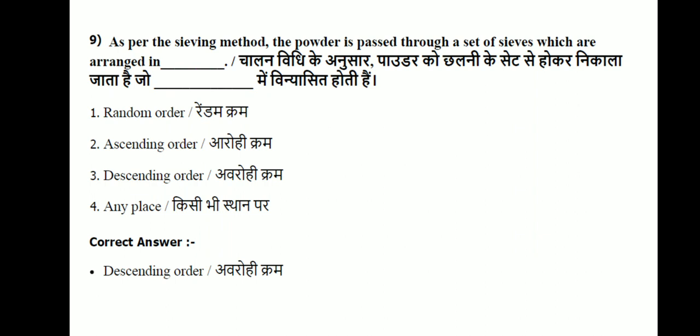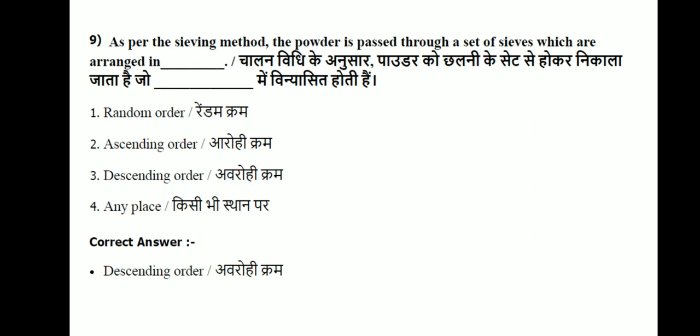Question number 9. As per the sieving method, that is size separation, the powder is passed through a set of sieves which are arranged in dash. Option 1, random order.